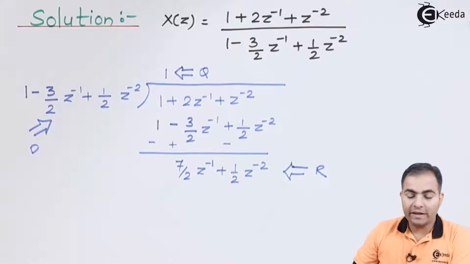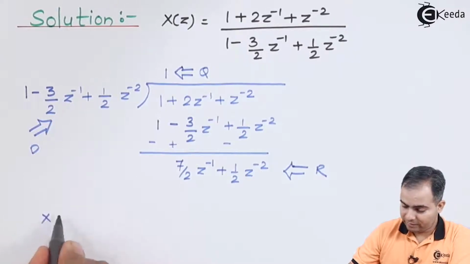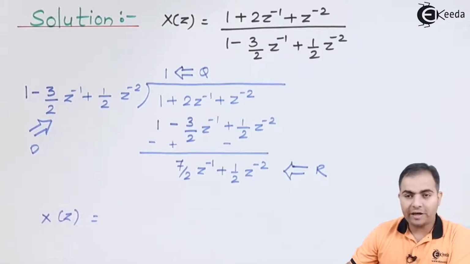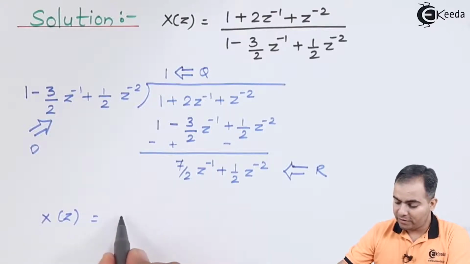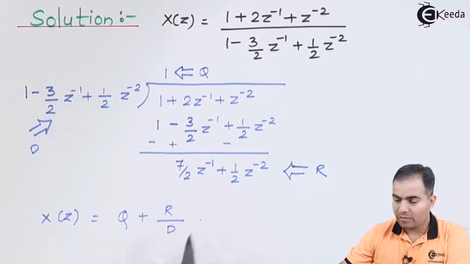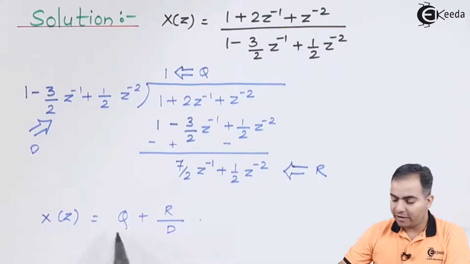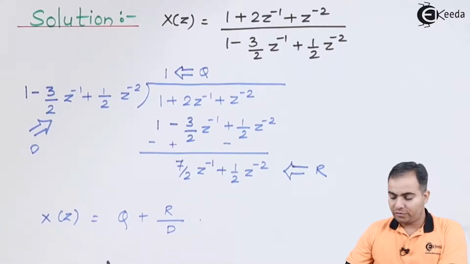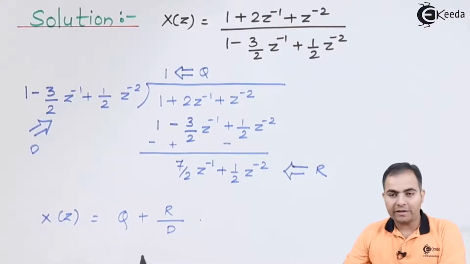Now how to write X(z)? Because we have done this division, we can write our X(z) as Q plus R by D. I'll show you how to write the next step.